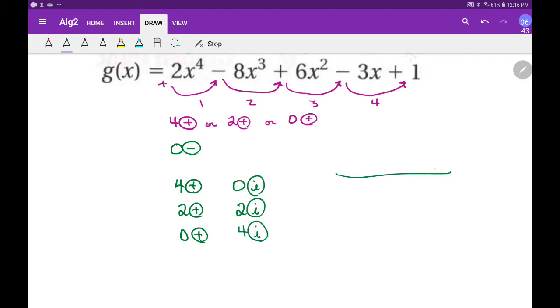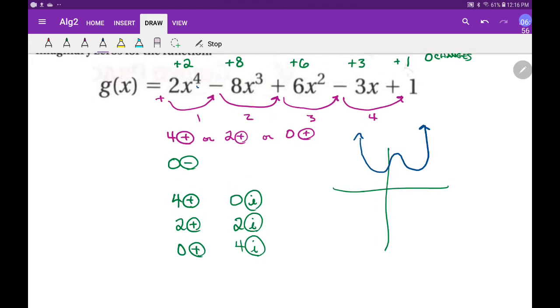What if you had a function like this? I don't say this is what this is doing, but what if your x to the 4th did something like this, and then it went back up? We know it's an even function, and we know it's a positive 2, so it started on high and it's going back to on high. It may never touch, it may be all up here, and it never ever hits the x-axis, so I don't get any real roots.